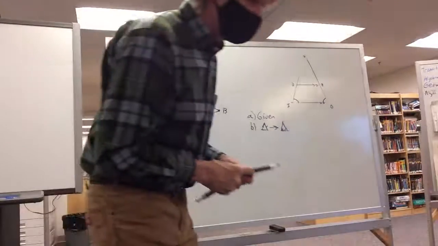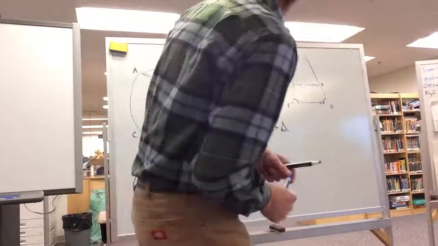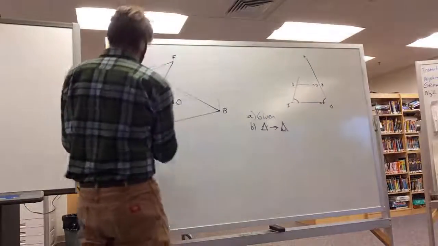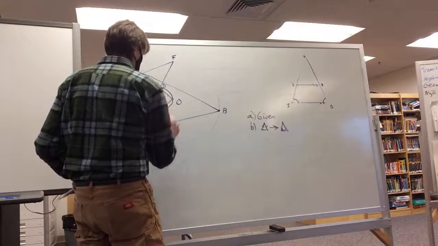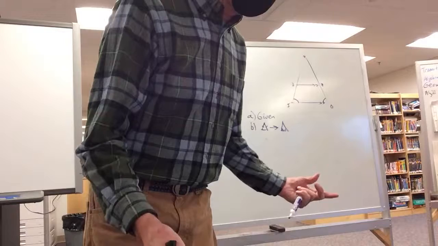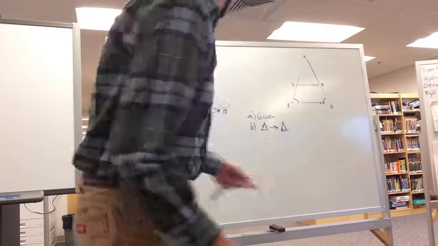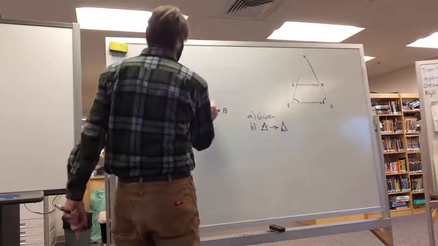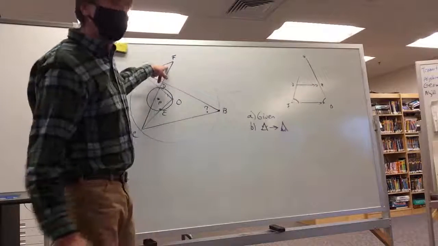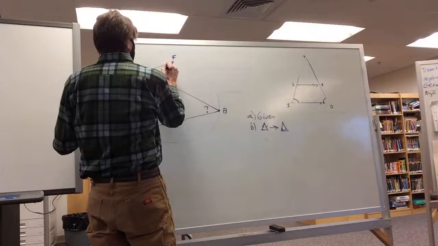And then there's E, which is right here. Okay, so we need to find the measure of ABC. So we need to find this. And is it this one? Okay, AFC.